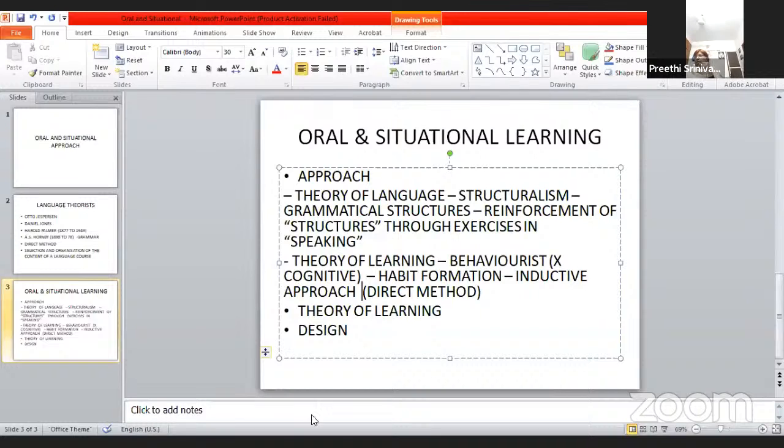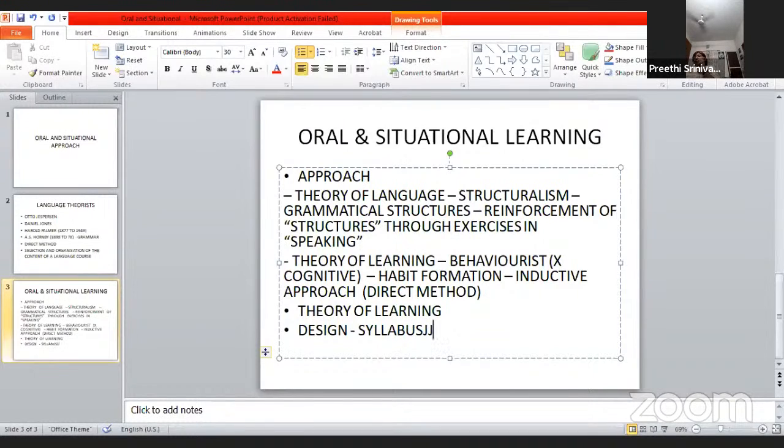Okay, so when you come to design, design means syllabus. When you take this kind of approach, in the syllabus you have basically, girls, whichever approach you take, vocabulary and grammar.